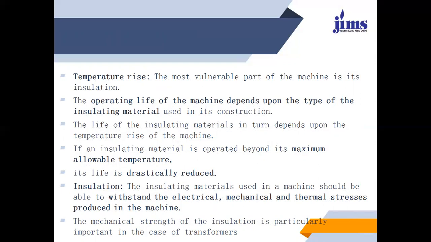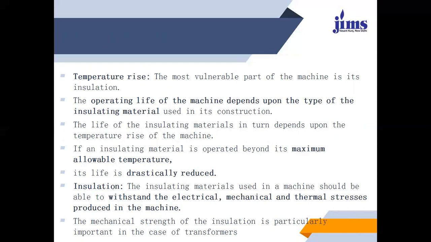The life of the insulating material in turn depends upon the temperature rise of the machine, how much temperature rise there is. If an insulating material is operated beyond its maximum allowable temperature, its life is drastically reduced, meaning it will be exponentially reduced.